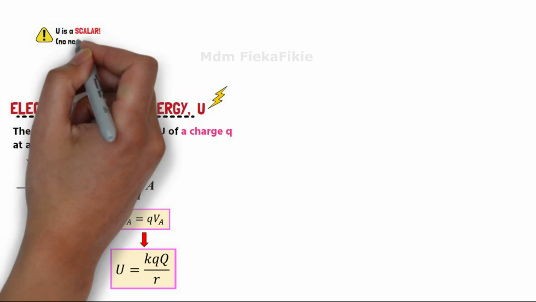So when we substitute into the equation, we will get the equation U, apart from q times the electric potential V, U is also equal to KQq over R. So in this topic we need to know electric potential energy is also a scalar quantity. So in order to answer questions related to electric potential energy, no need to draw direction. Alright?